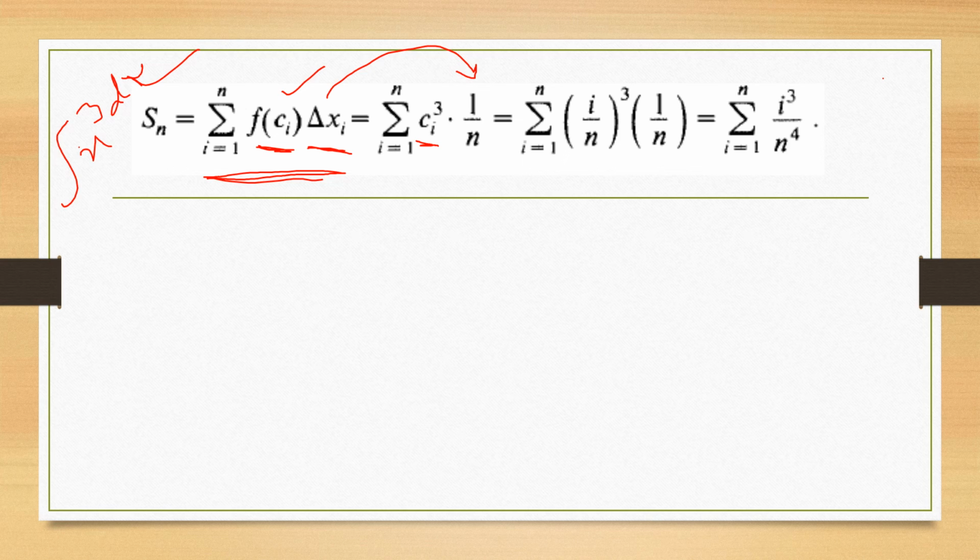So the width of the ith interval will also be equal to 1 by n. Therefore, we can write, and again Ci is equal to i by n as we have calculated in the last step, and combining we obtain this sum.